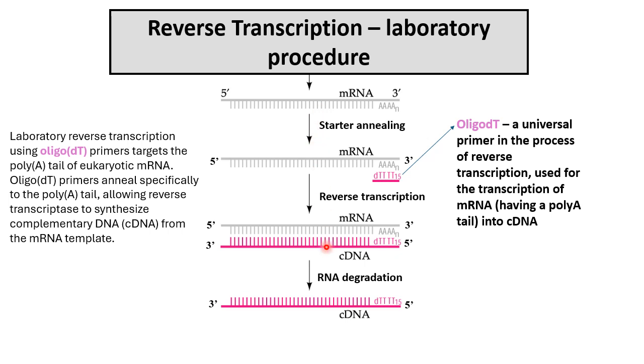And once the reaction is completed and RNA is reverse transcribed into the copy DNA, the RNA molecule is degraded, and now we have the copy DNA being like the mirror of mRNA, and this copy DNA can be used as a template in PCR reaction.